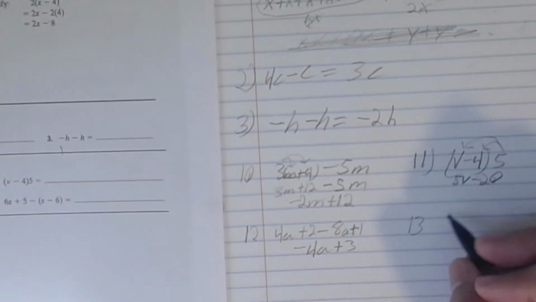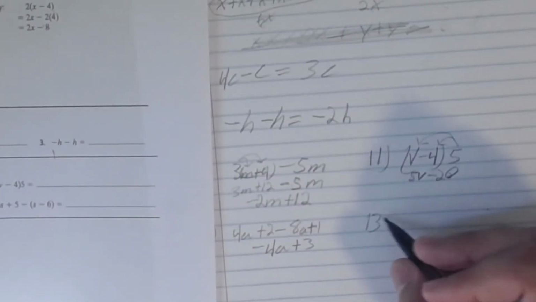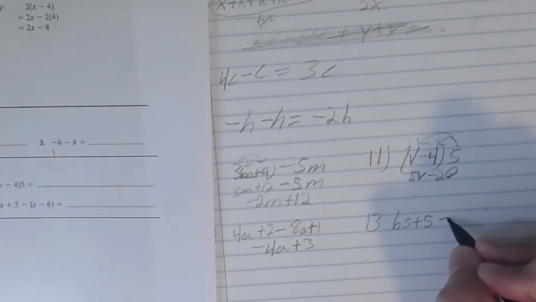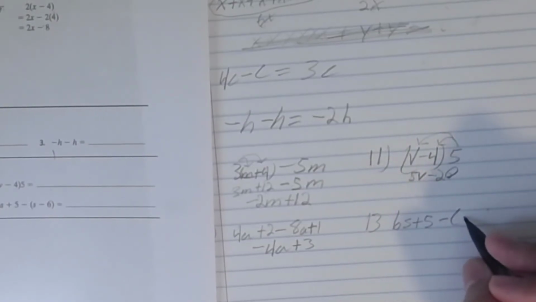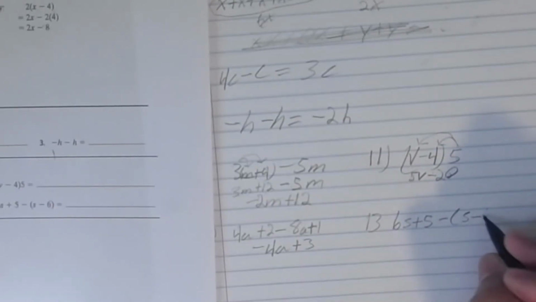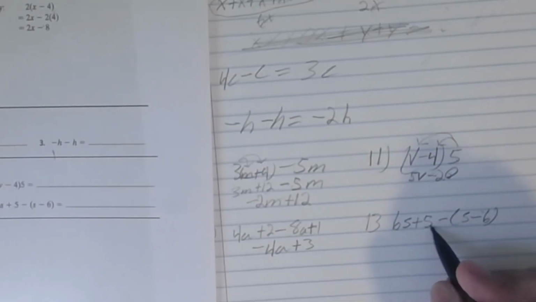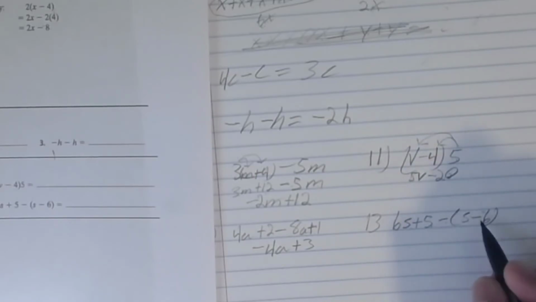Now we do number 13. It is 6s plus 5 minus the quantity of s minus 6.